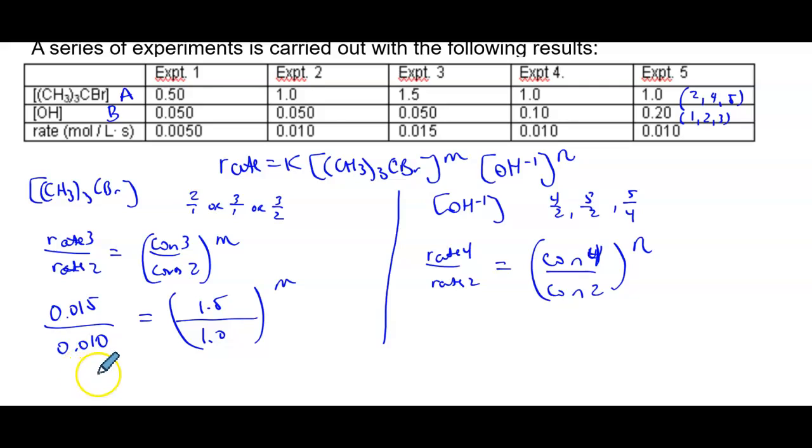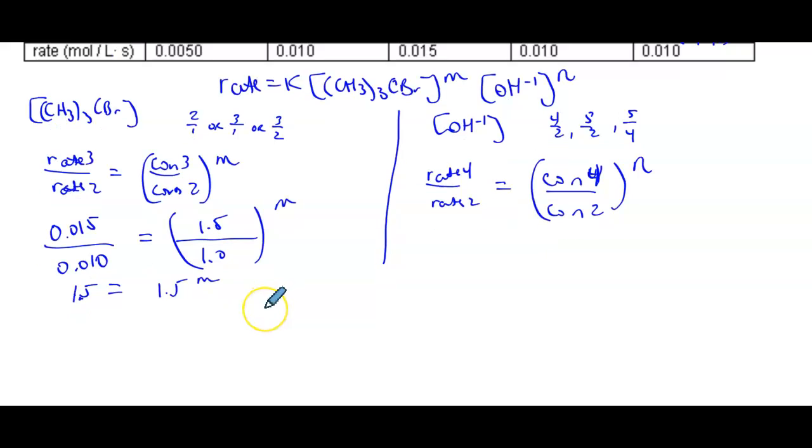Now we're going to figure out what these values are. So 0.015 divided by 0.010, and we get 1.5 here, and of course this will be 1.5 to the m. We're going to take the natural log of both sides, and you need to show at least this much here.